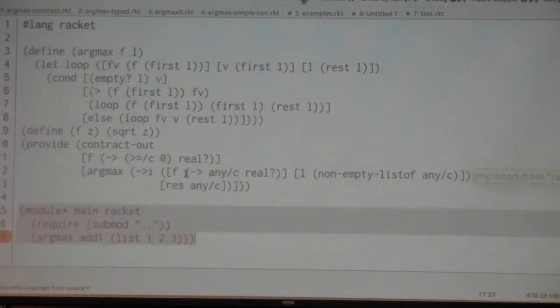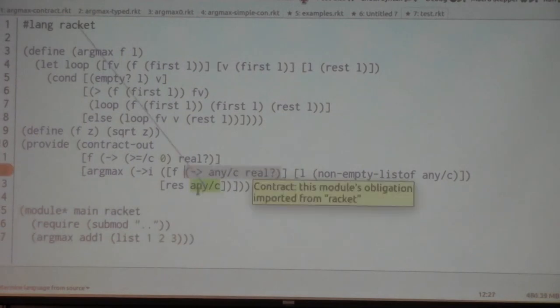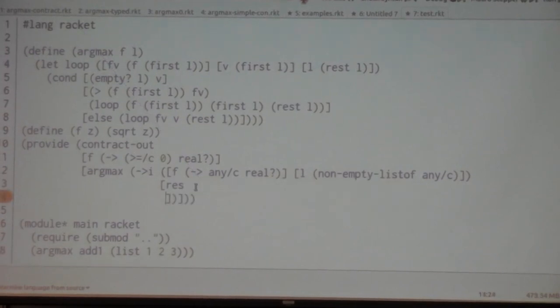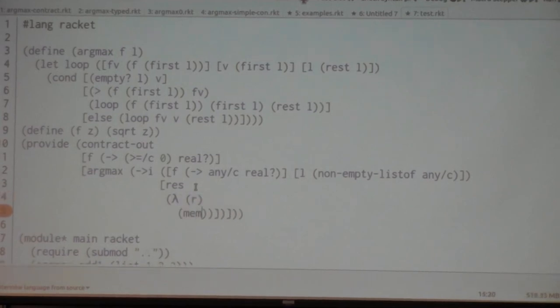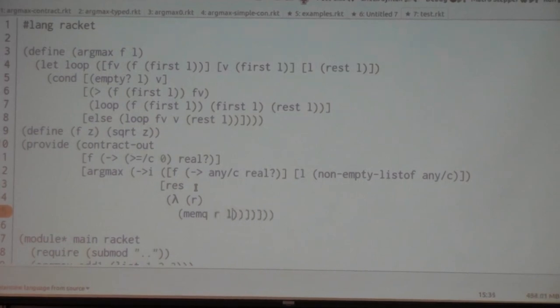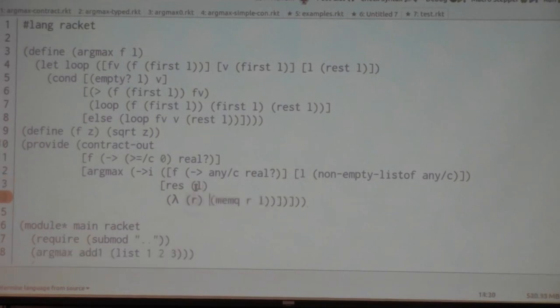But now we can start describing this result here with more interesting contracts. And I'm just going to write, so what this says is that R is found in the list L. It's a member of the list.